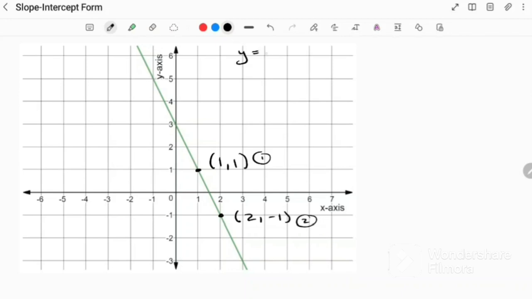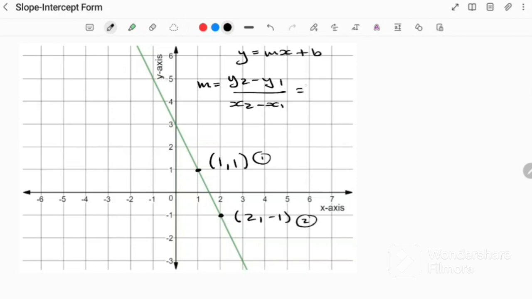Now, the slope intercept form is y is equal to mx plus b. We have to find m first, as we have been doing in all of these examples. So m is equal to y2 minus y1 over x2 minus x1.